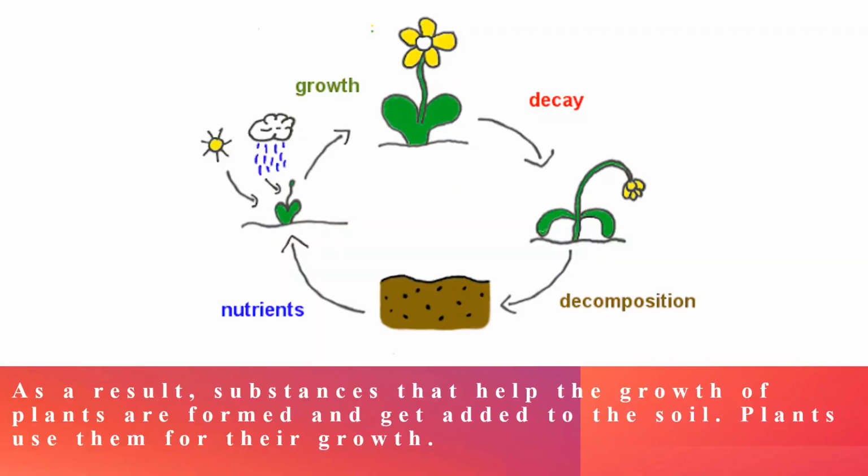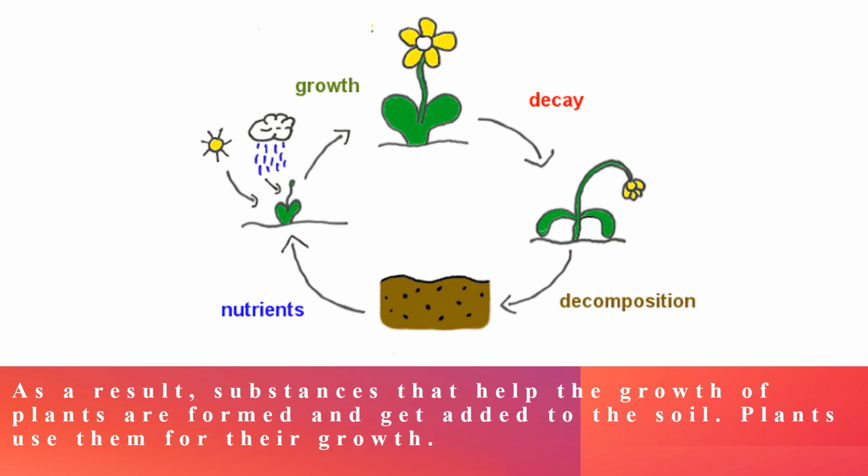As a result of this decomposition, substances that help the growth of plants are formed and get added to the soil. Plants use them for their growth. Now children, here you can see one plant is there, right? Now this plant, when it dies, the process of decomposition begins.